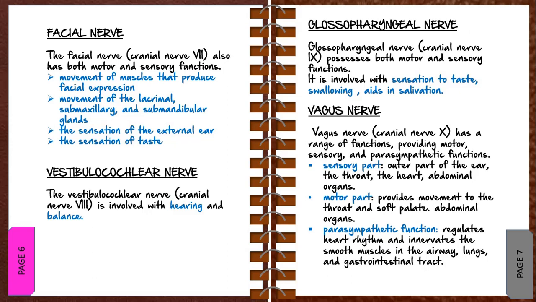Whereas the motor part provides movement to the throat, soft palate, and abdominal organs. Parasympathetic function regulates the heart rate and supplies the smooth muscles in the airway, lungs and gastrointestinal tract. So we have seen four nerves that are connected to sensory and motor modalities.